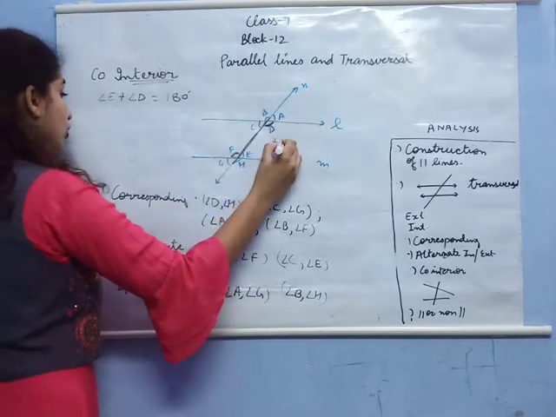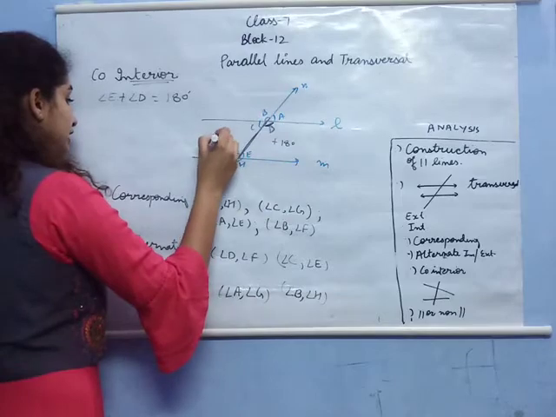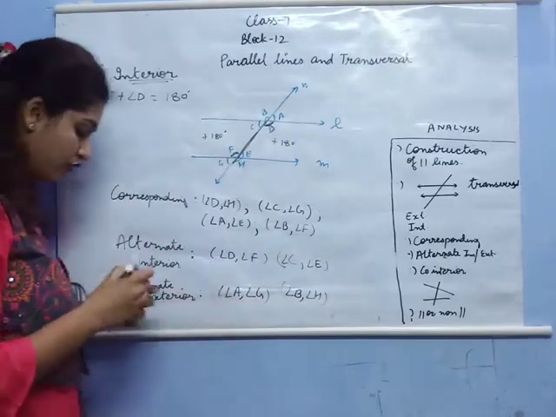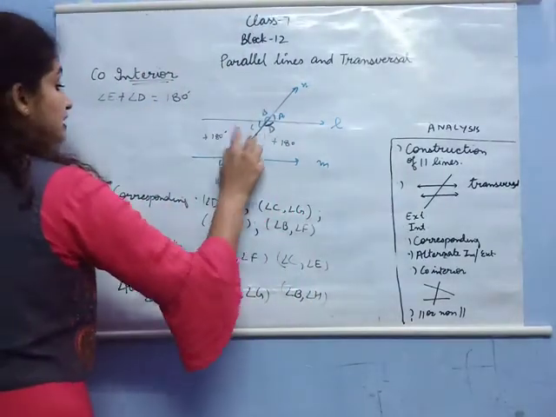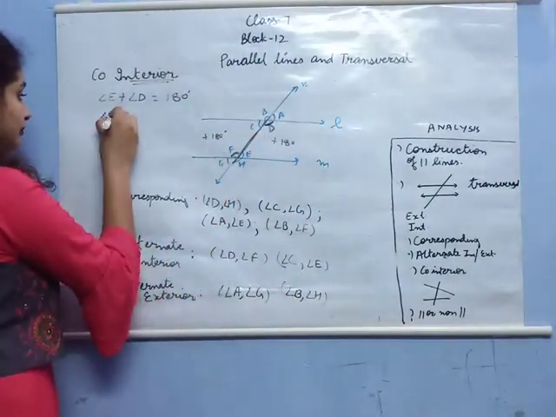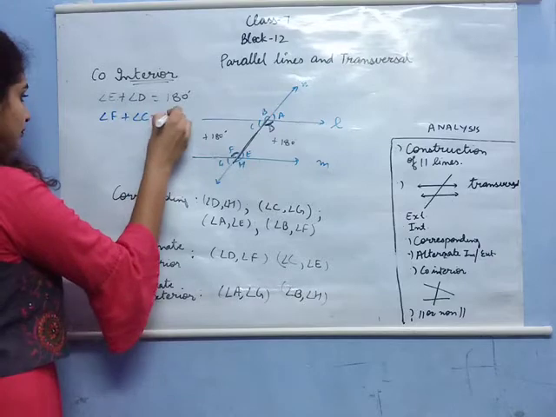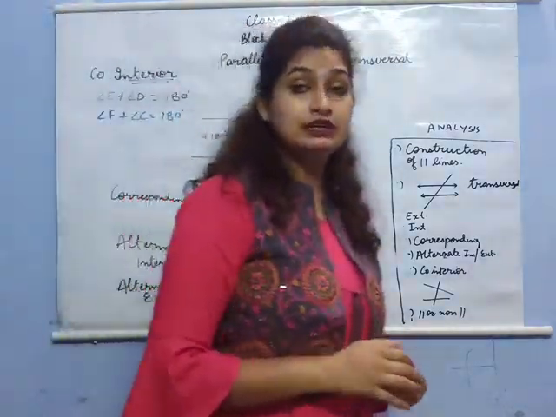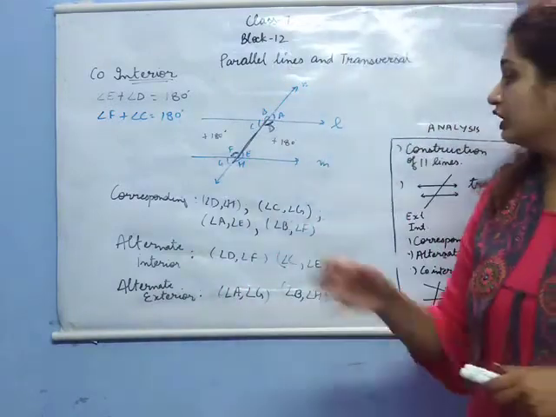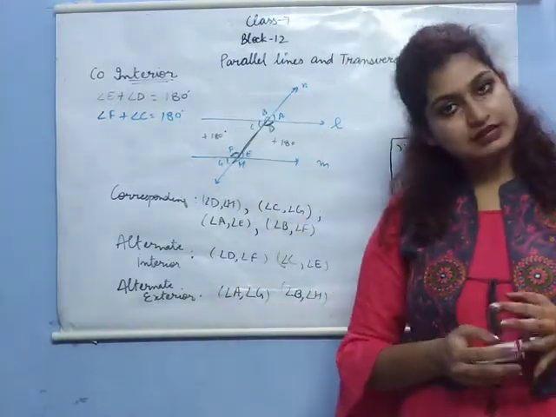The sum of co-interior angles is 180 degrees. So F plus C is also 180 degrees. Right? Angle E plus D is also 180 degrees. That means they are the co-interior angles. Is that clear to you now?